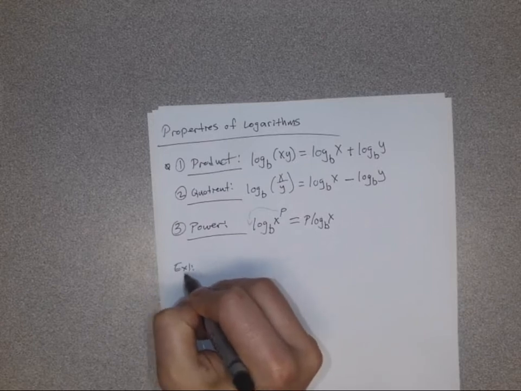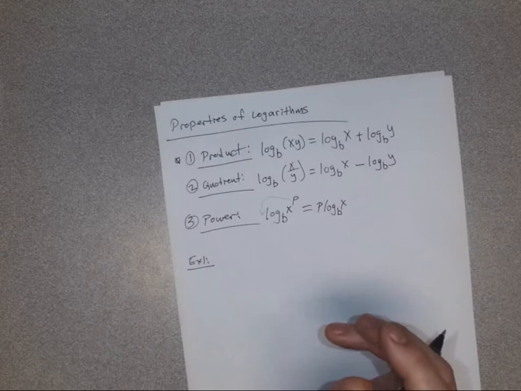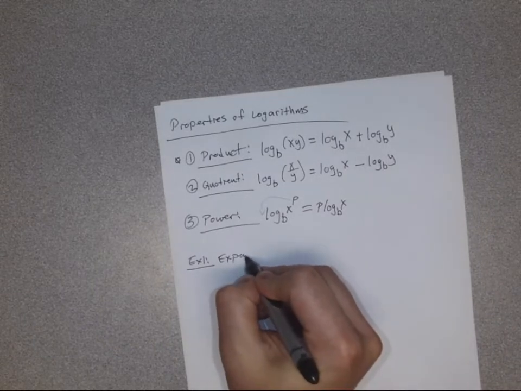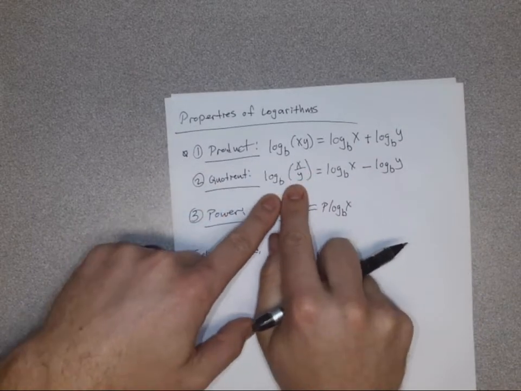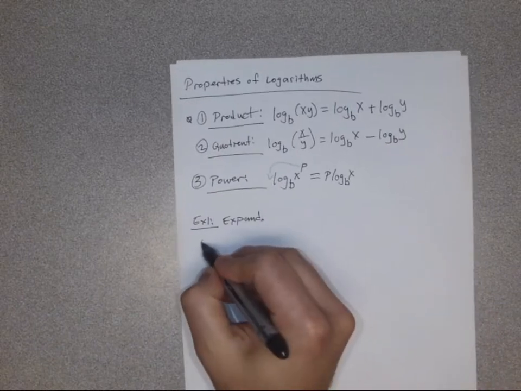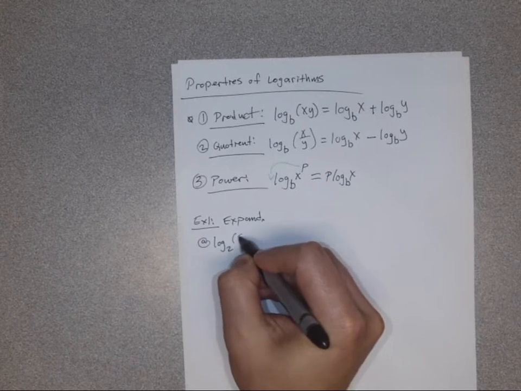Example 1. Let's say we're going to expand. We're going to start with something like this, and then I just want you to expand it as much as we possibly can. Part A, let's say we had log base 2 of 8x.